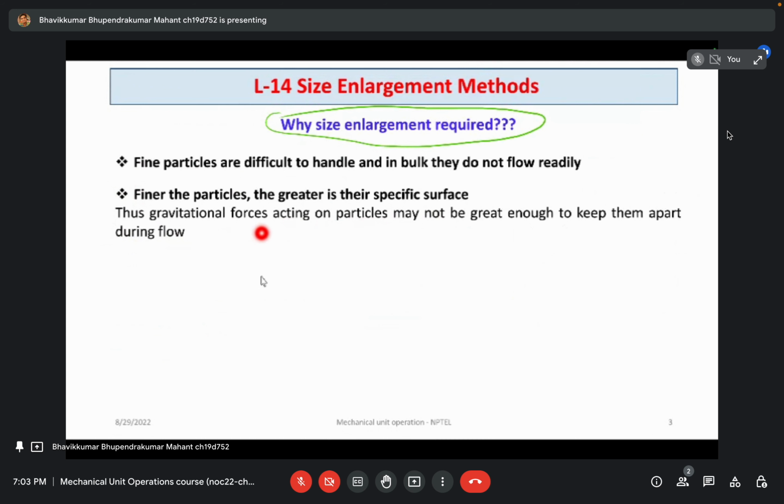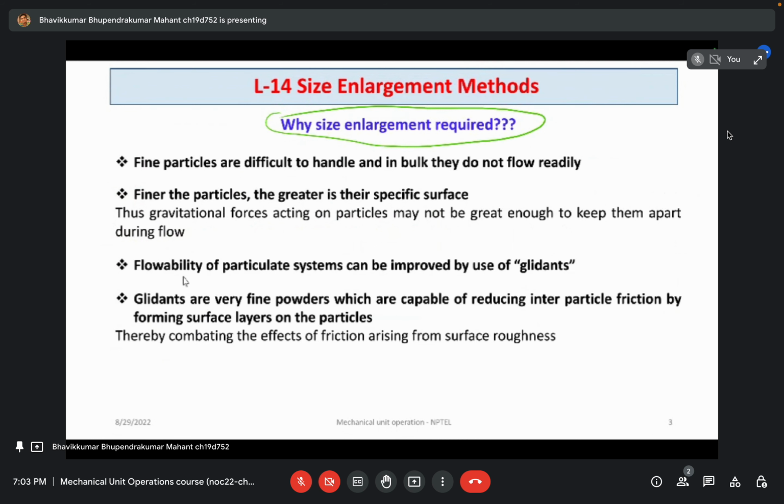Because gravitational forces acting on the particle may not be great enough to keep them apart. So they can generate dust, and they can have flowability issues.